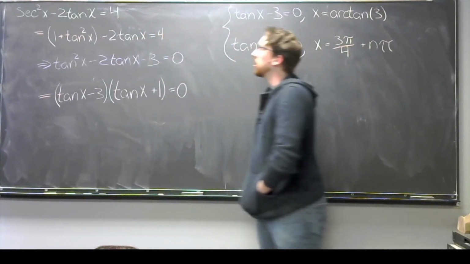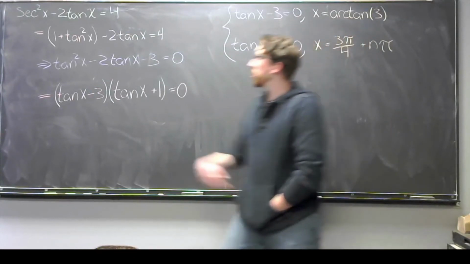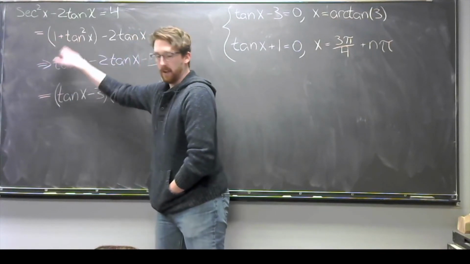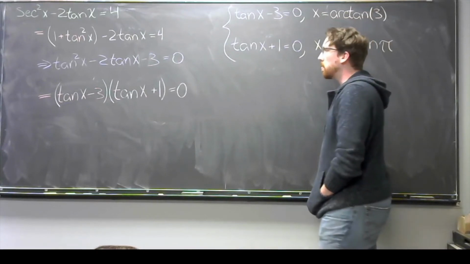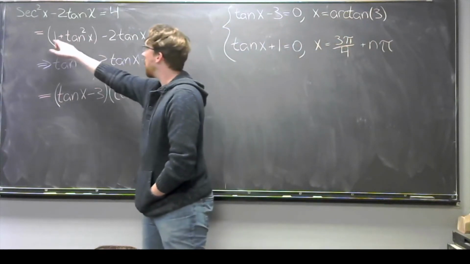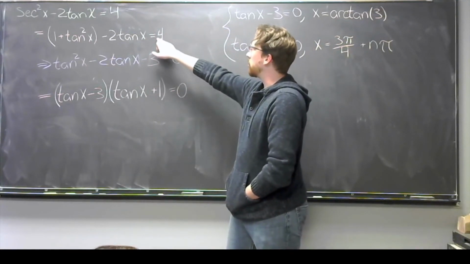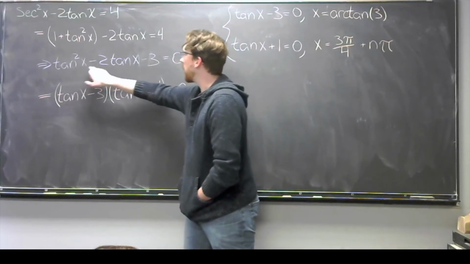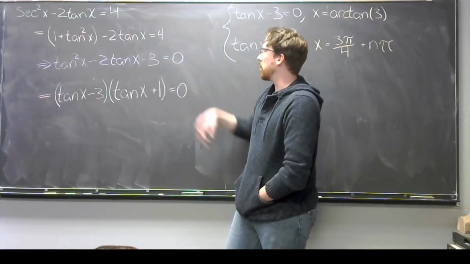Well, first, we want to notice by the Pythagorean identities that secant squared is equal to 1 plus tangent squared of x, which means we can rewrite all of this. When we do, and we subtract 4 from both sides, we're going to find that tan squared x minus 2 tan x minus 3 is equal to 0.